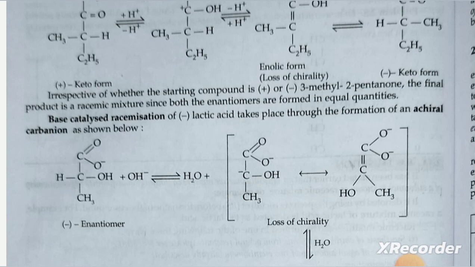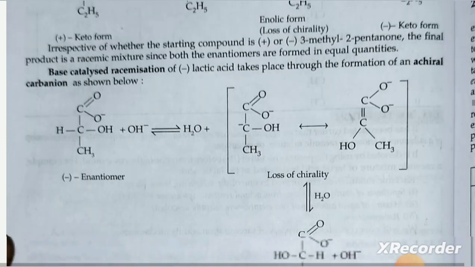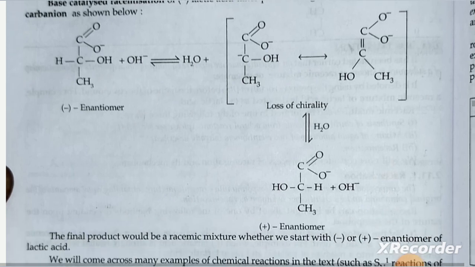Base catalyzed racemization of minus lactic acid takes place through the formation of an achiral carbanion as shown below. Minus enantiomer plus OH negative, equilibrium, H2O positive, H2O plus loss of chirality, equilibrium, H2O plus enantiomer.